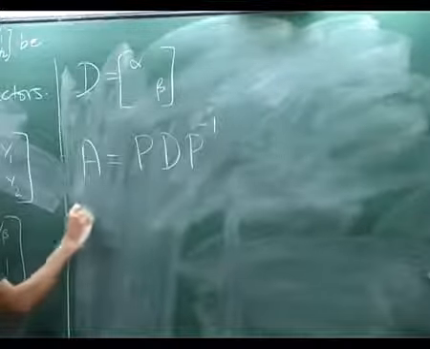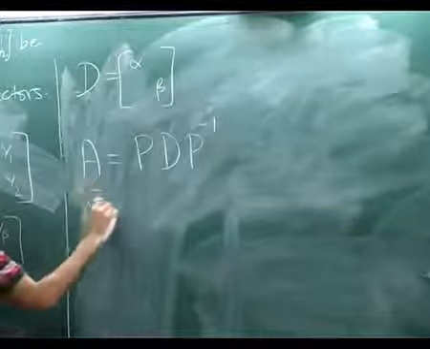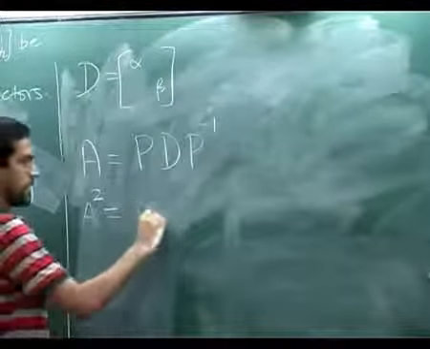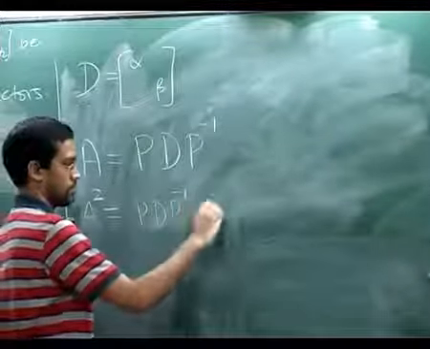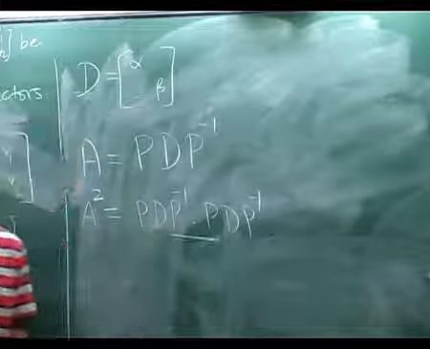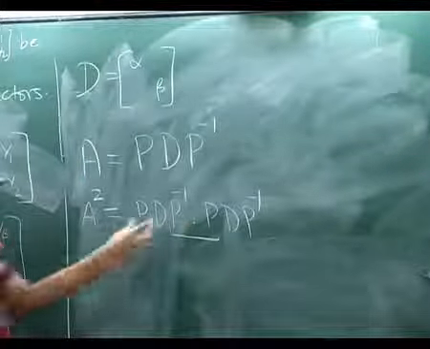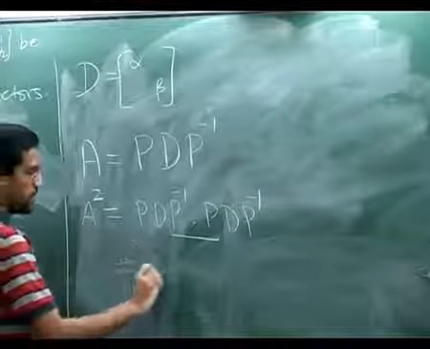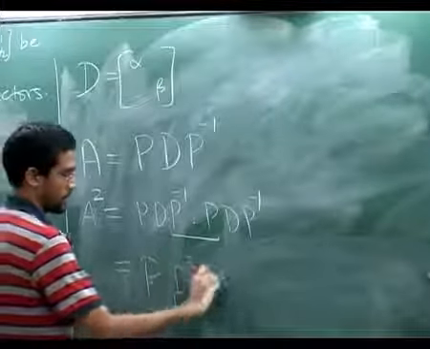And so why is this useful? To compute higher powers of A, if I compute A squared for example, it's just A times A, and the P inverse P in the middle is identity, so it goes away. It becomes P D squared P inverse.